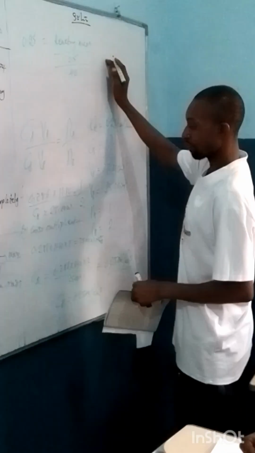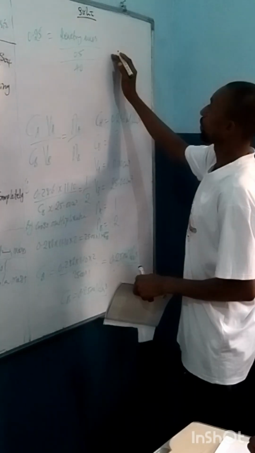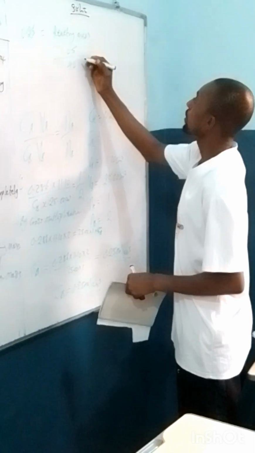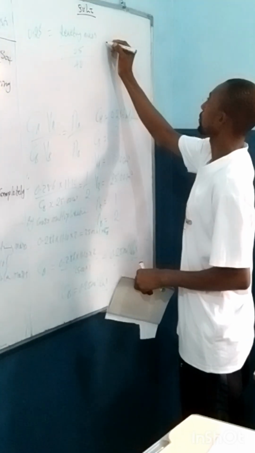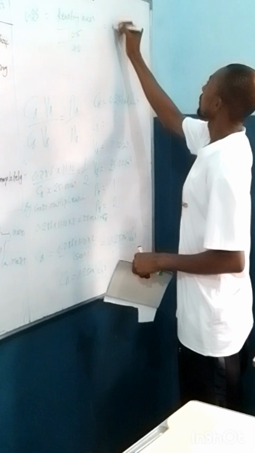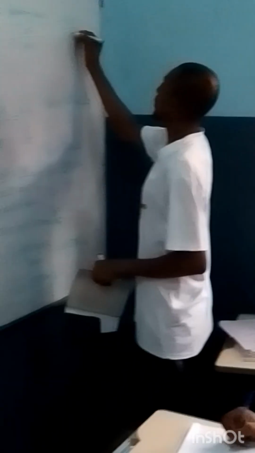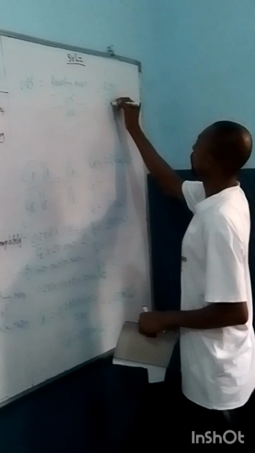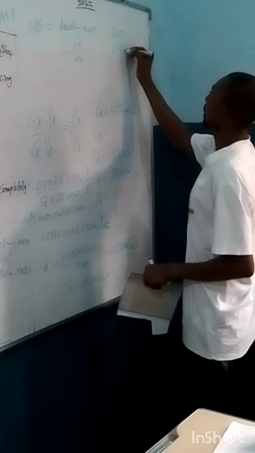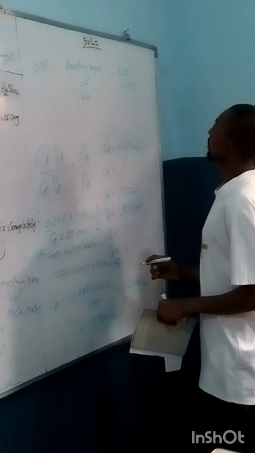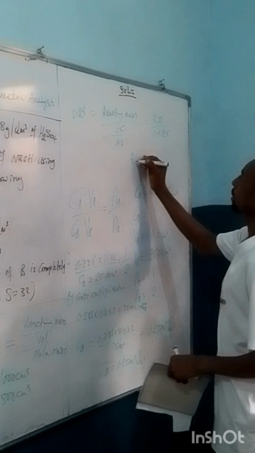So the volume divided by the molar mass, 0.5 divided by 40. Somebody use your calculator. It is 0.0125.